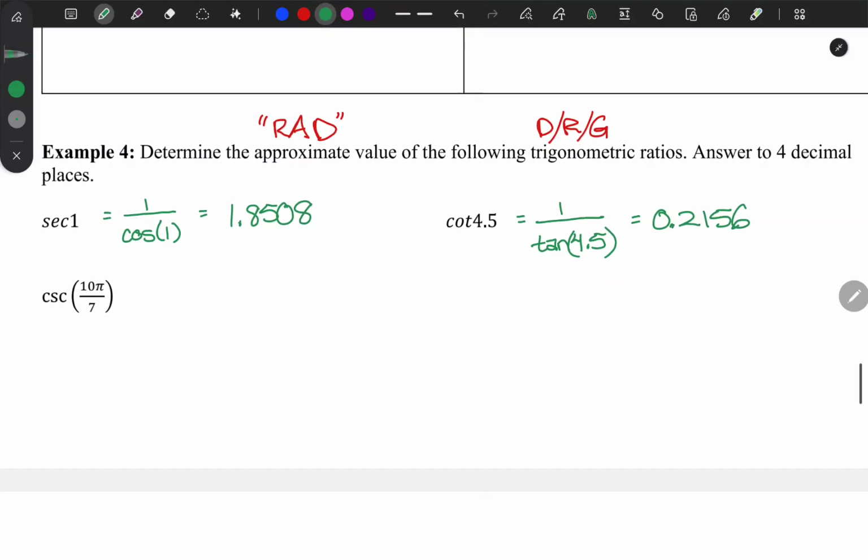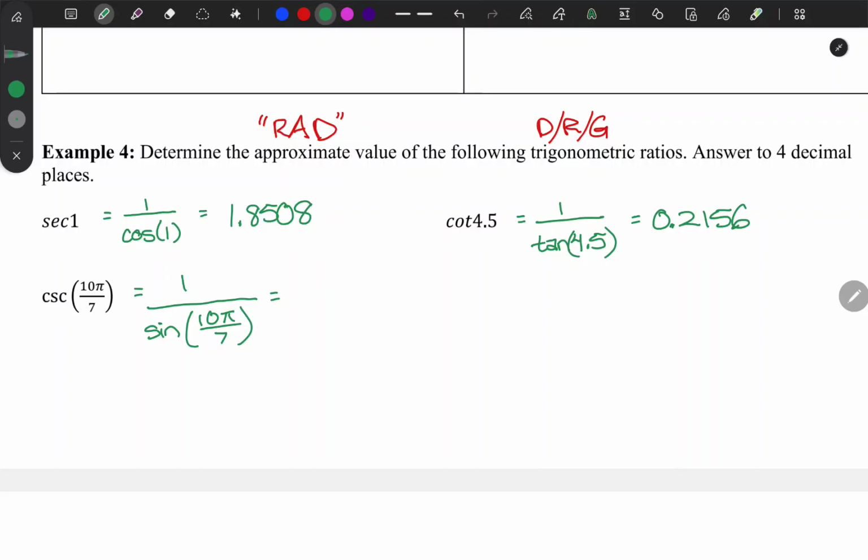Final one, cosecant. Notice there is a pi in this one. You might want to try and use the pi button on your calculator to get that answer as accurate as possible. So this will be 1 over a little bit of a bigger fraction, sine, bracket, 10 pi over 7.